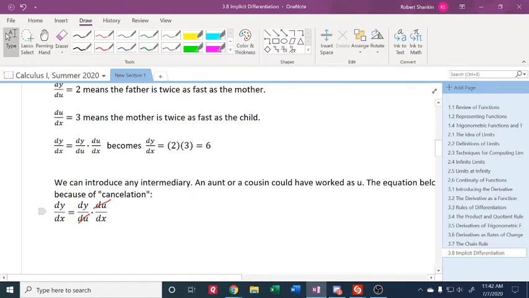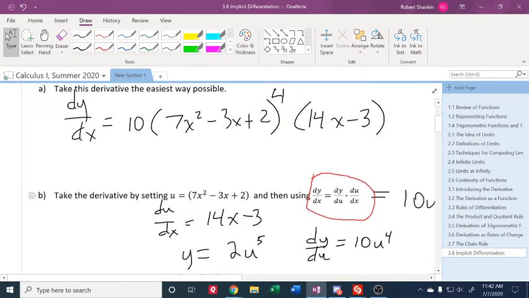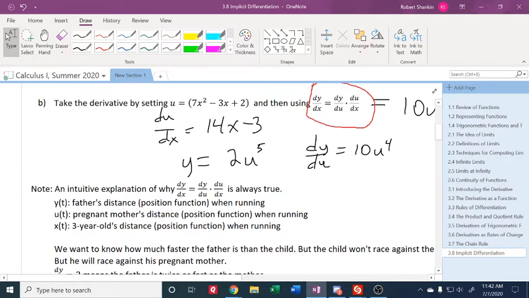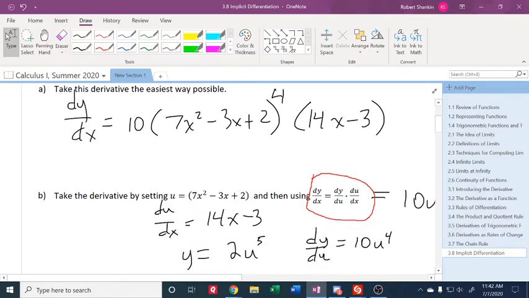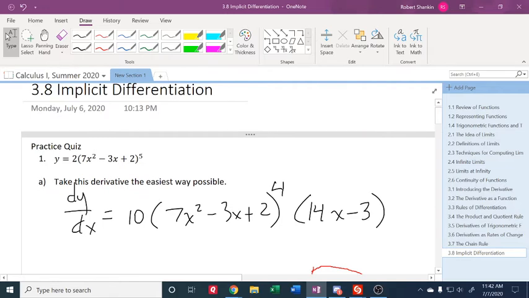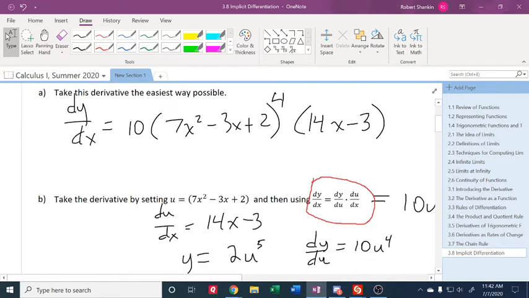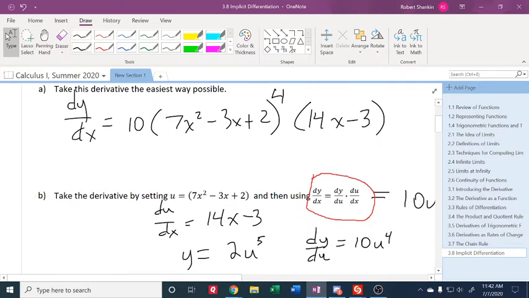And so that essentially is what the chain rule is. We can always do it in this form, but it's usually quicker to not formally set up the u, and use it this way, but it could be done this way.